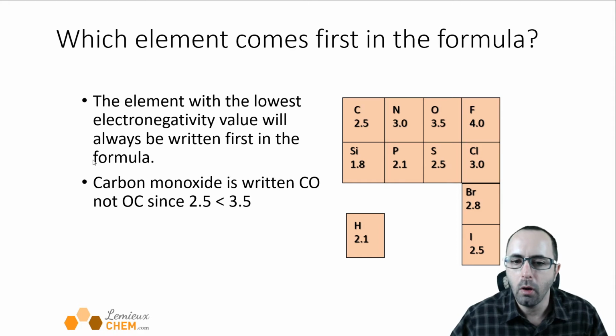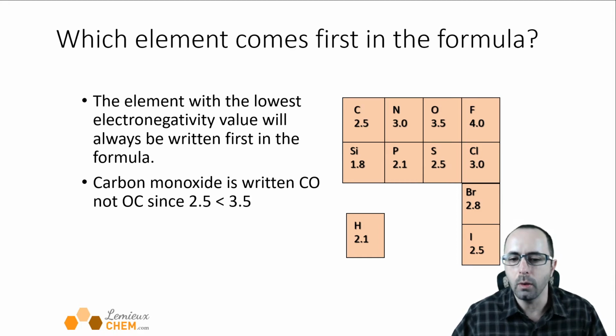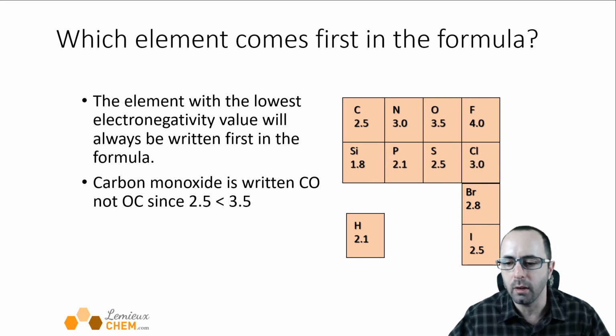First of all, which order will you write elements in? For example, with CO, as you can see here, it's written CO, carbon monoxide, not OC. Technically, this has to do with the electronegativity values. Remember, electronegativity is the strength with which an atom pulls on electrons when it's in a covalent bond, or in a chemical bond. You don't really need to memorize these numbers.